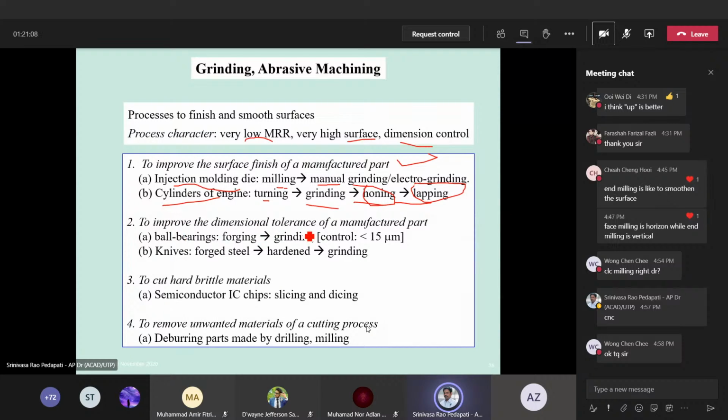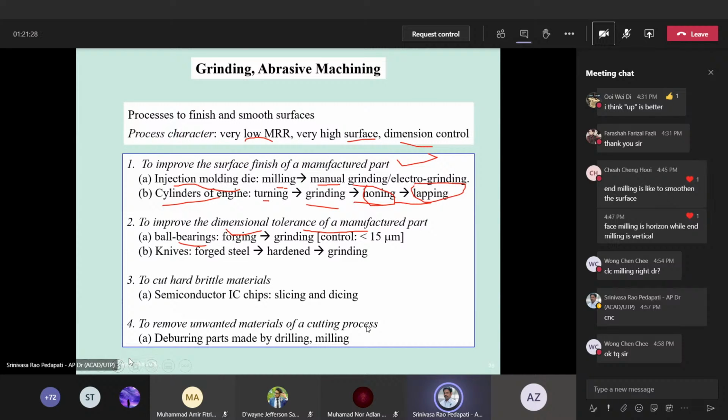To improve the dimensional tolerance is another objective of grinding. For example, in the case of ball bearings, the ball bearings are manufactured by forging. I think you don't know forging, because we have not discussed this part.